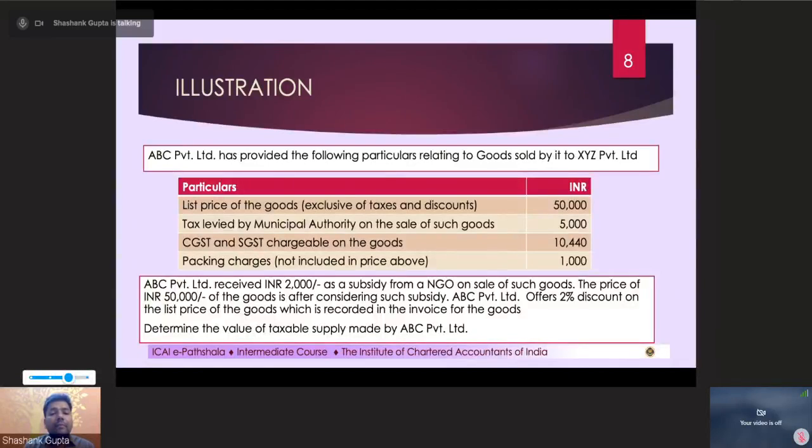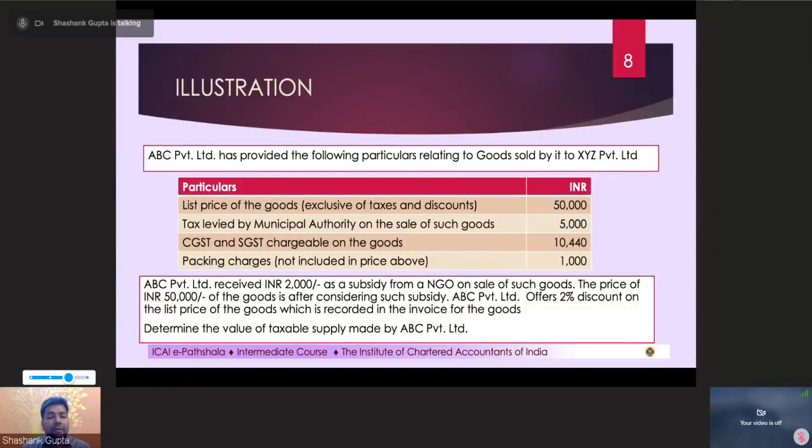Tax levied by municipal authority on the sale of such goods is 5,000 rupees. CGST and SGST chargeable on the goods is 10,440 rupees. Packing charges not included in the price above are 1,000 rupees.